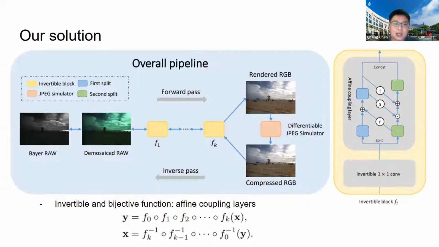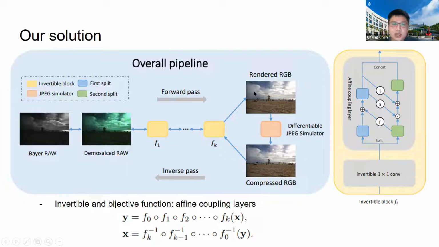Our pipeline is based on building a neural network with multiple invertible blocks. Within each block there are an affine coupling layer and an invertible one-by-one convolutional layer. These are commonly used in invertible neural networks.